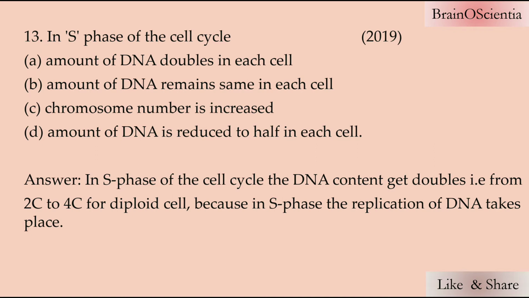As a result, the DNA got double. So the answer is: in S phase of the cell cycle, the DNA content gets double, that is from 2C to 4C for a diploid cell, because in S phase the replication of DNA takes place. This question came in NEET 2019.